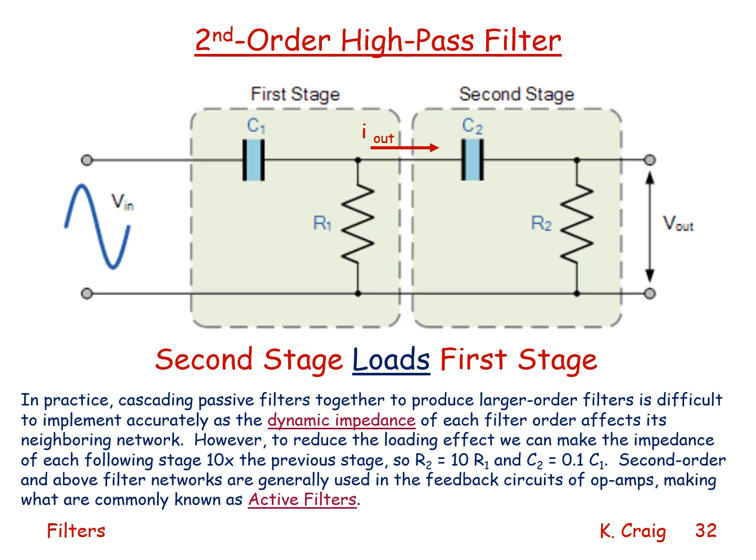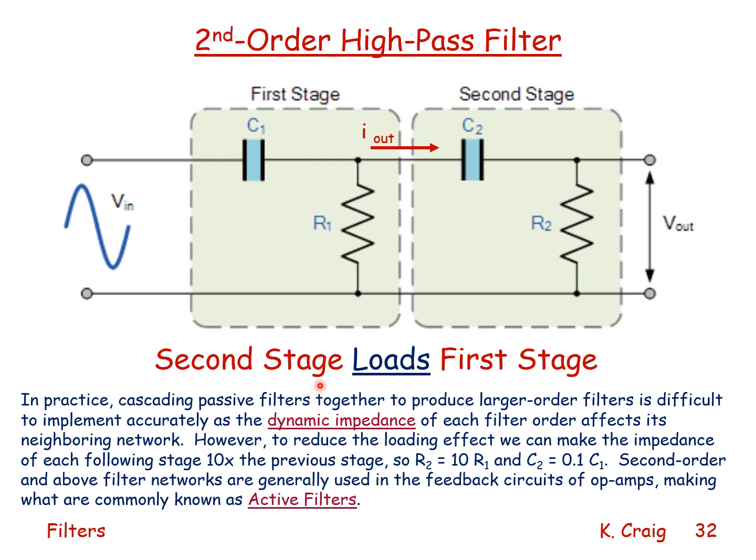Here, as we did for the first order low pass filter, if I connect two high pass filters in series, the second stage will load the first stage. And we could go and perform the same analysis that we did for the RC circuits in series.